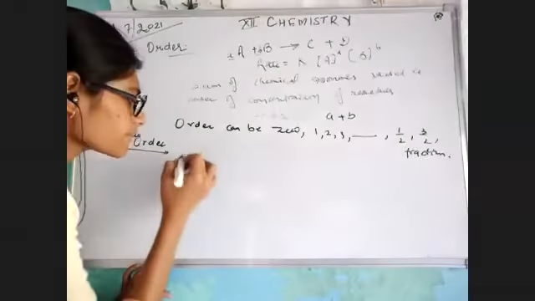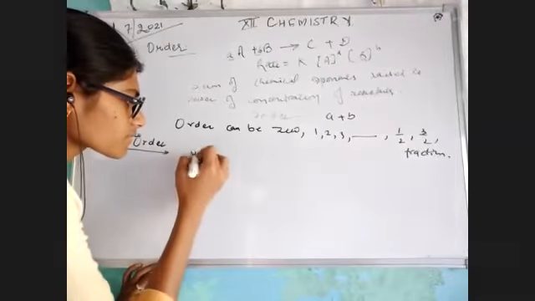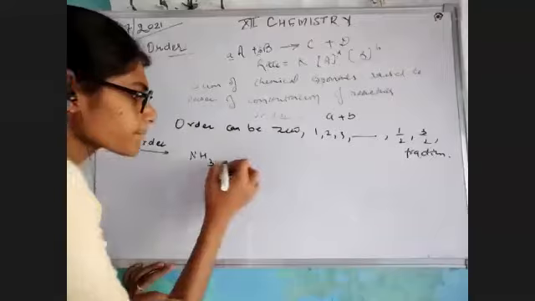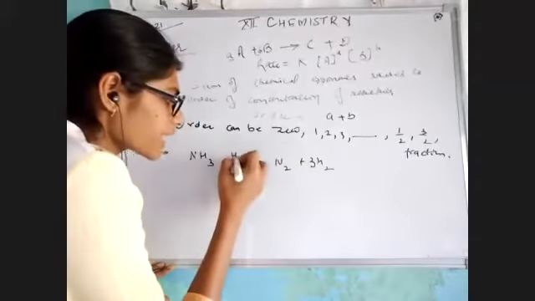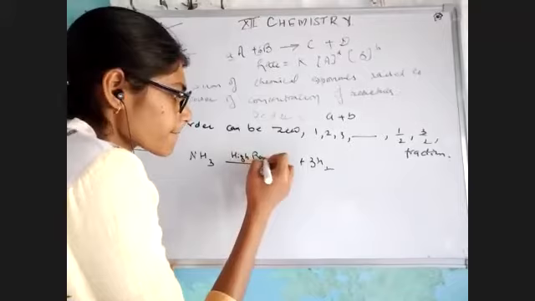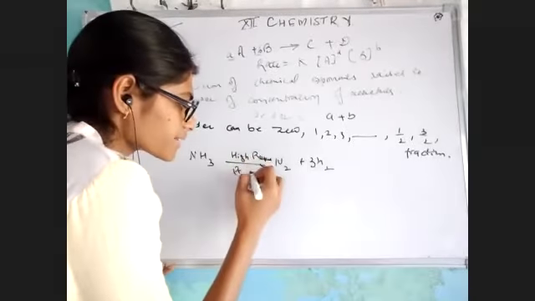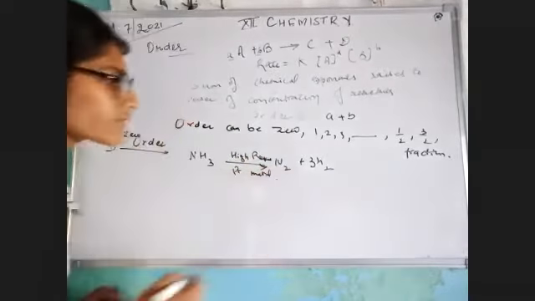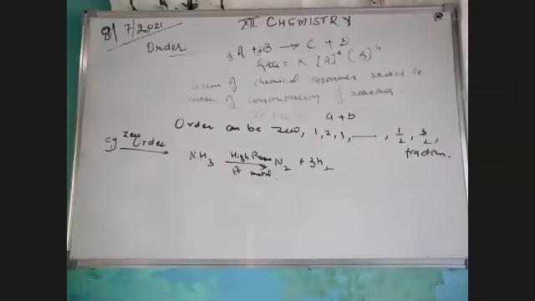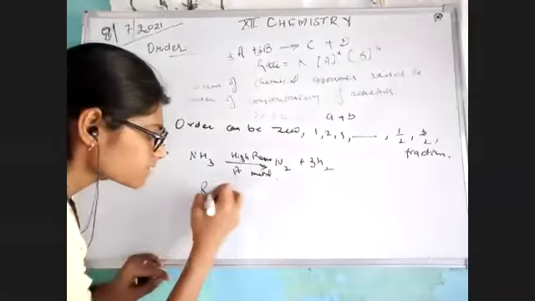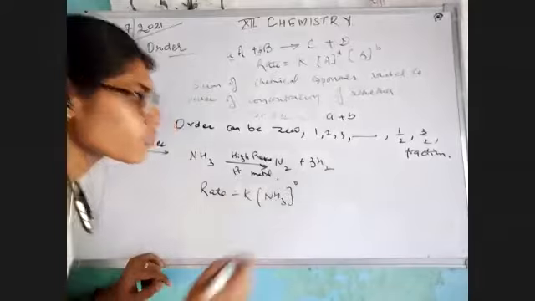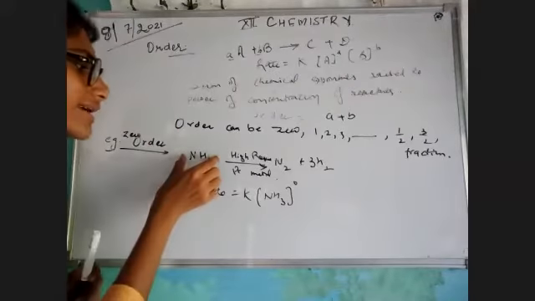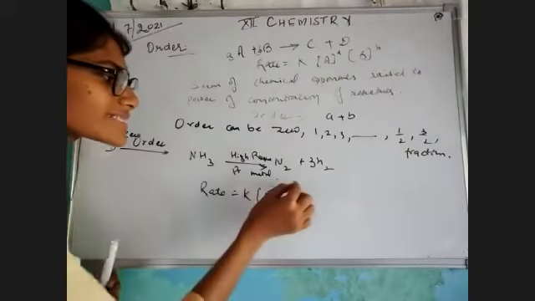Suppose ammonia is decomposing to N2 plus 3H2 at very high pressure on platinum metal. The order of this reaction is 0. That means the concentration of ammonia is taken as 0.